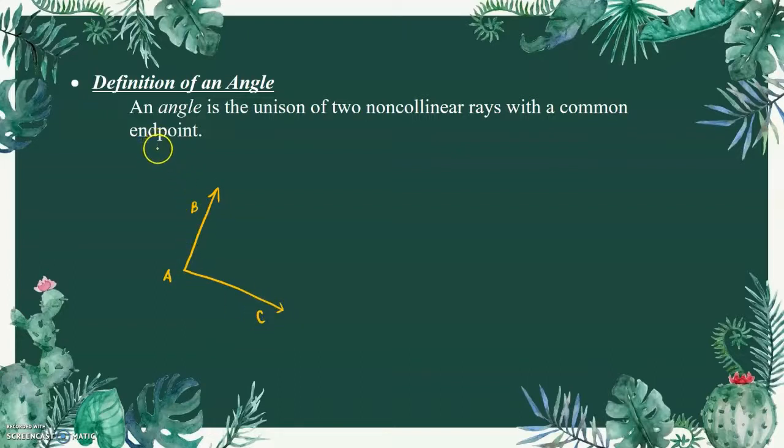An angle is formed when two non-collinear rays have a common endpoint. So here we have ray AB and ray AC with a common endpoint at point A. So the angle that forms between these two rays, or the opening that forms between these two rays, is called an angle.